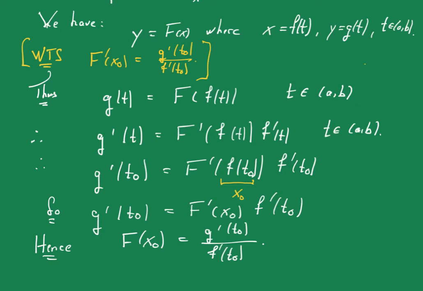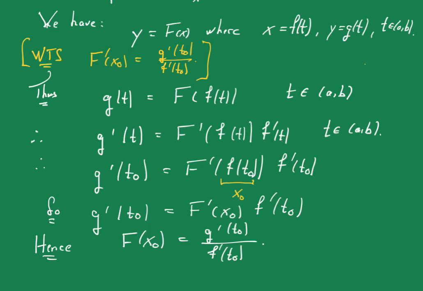All right, well, now we can differentiate both sides and we'll get the same thing. Differentiating the left-hand side, we have g prime of t. And if we differentiate the right-hand side using the chain rule, we'll get the derivative of the outer function, that's capital F prime, evaluated at the inner function, that's little f of t, and then differentiating the inner function, we have little f prime of t for t in AB.